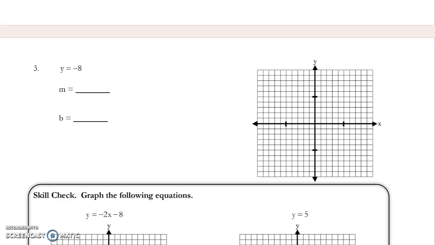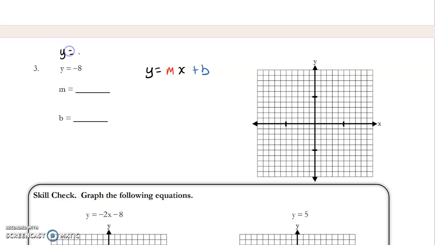On to number 3, and this one's tricky. Remember, slope-intercept form means y equals mx plus b. Well, there's a big issue here. I don't even have x. Well, there's only one possible thing that can allow that to happen.